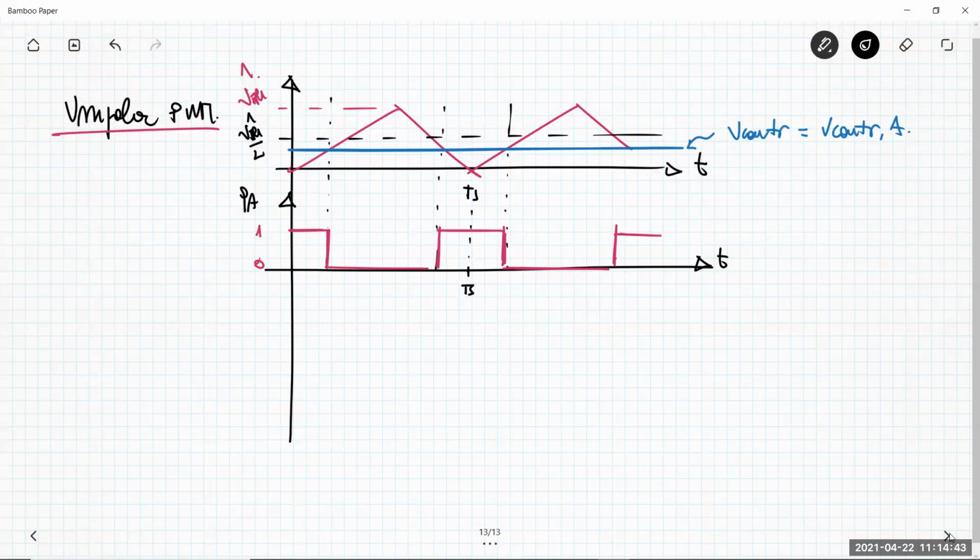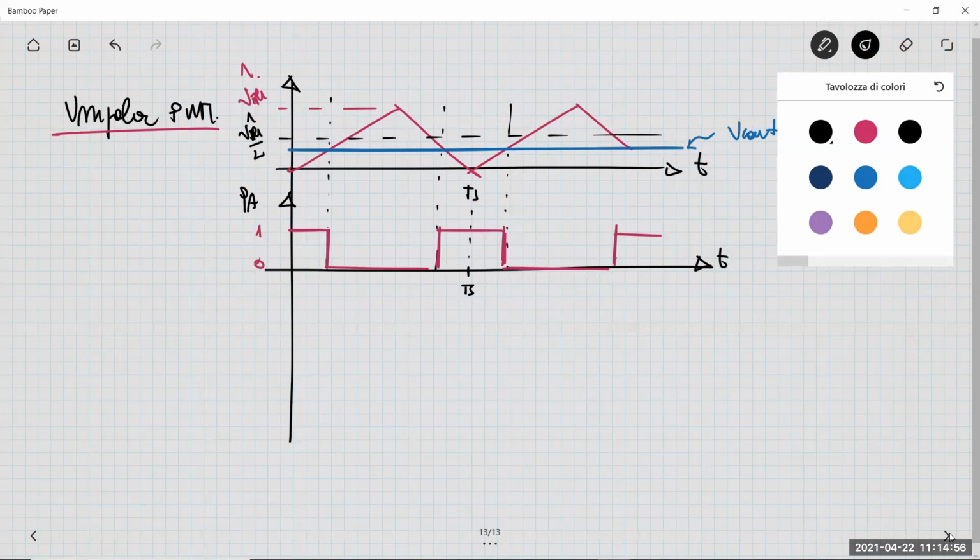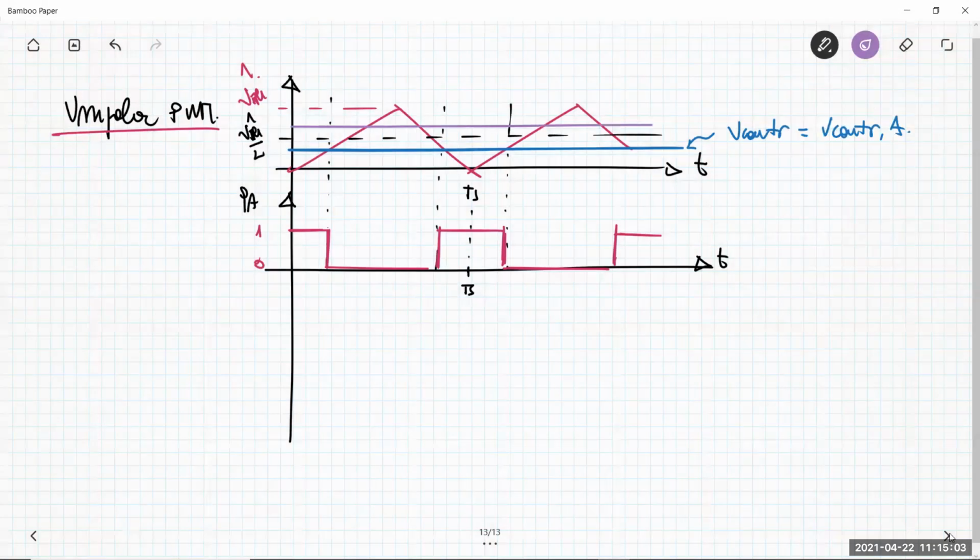For the unipolar PWM, you should remember that the control voltage for the leg B is V triangular peak minus V control. So, as we did before, the control voltage for the leg B is the symmetric position of the V control with respect to the peak value of the triangular voltage.